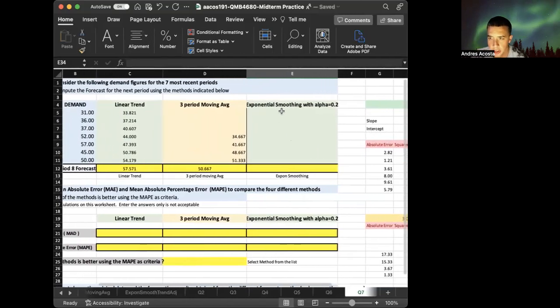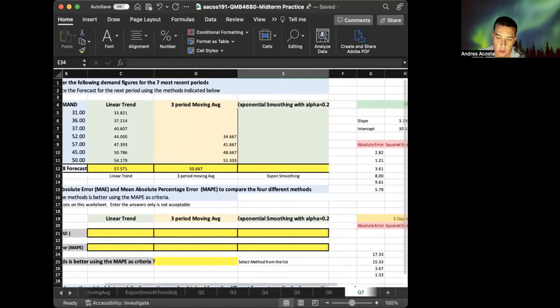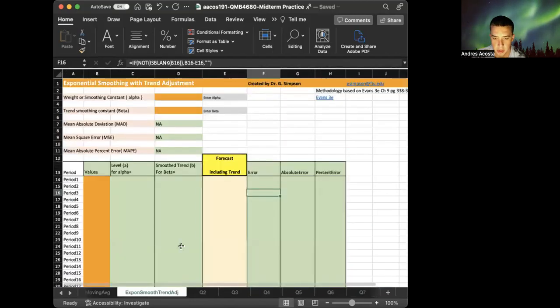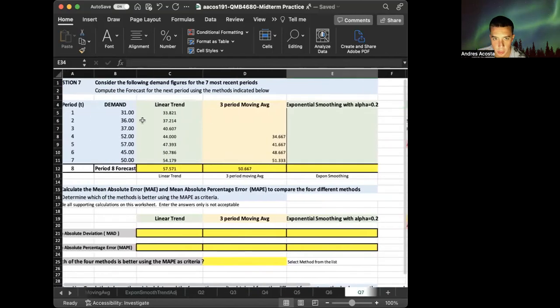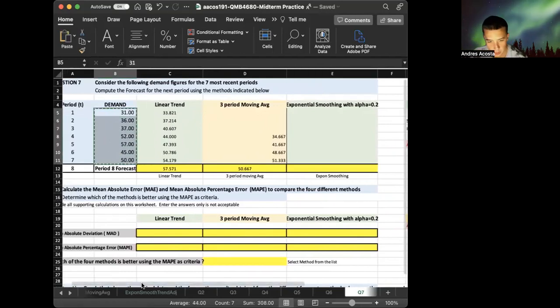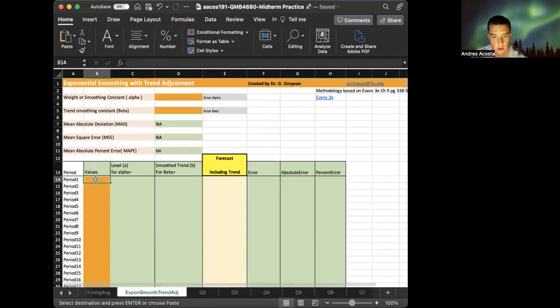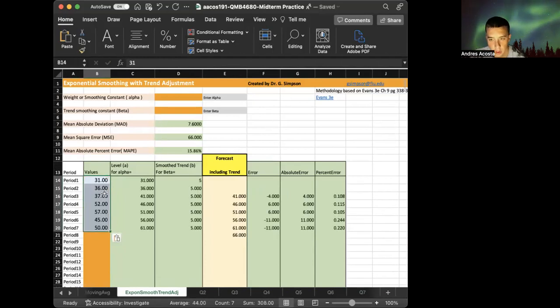So to get our exponential smoothing with alpha 0.2, we'll go to our template and we would have to copy our demand. Okay, copy. And okay, perfect.